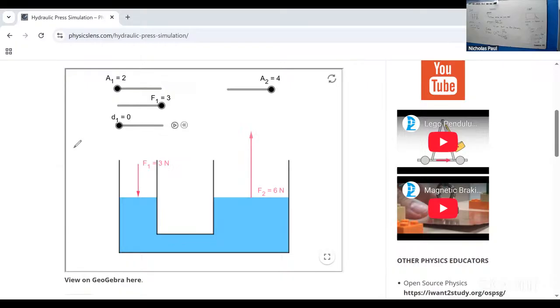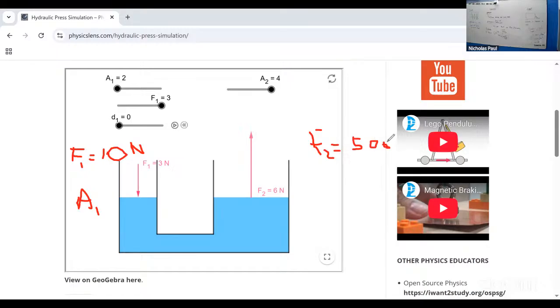Similar scenario. This time I am giving you F1. F1 is the same 10 Newtons, but I'm not giving you A1. But here's what I'm going to tell you. F1 will be able to lift F2, which is 500 Newtons.